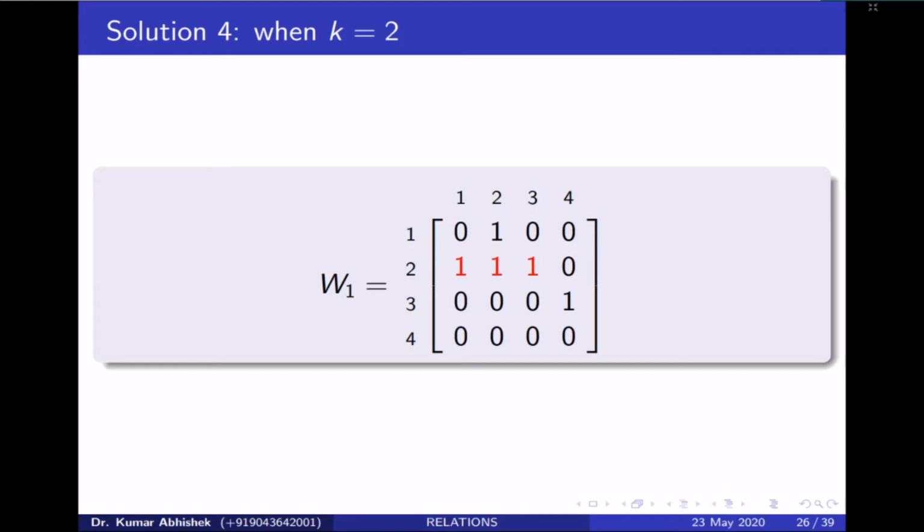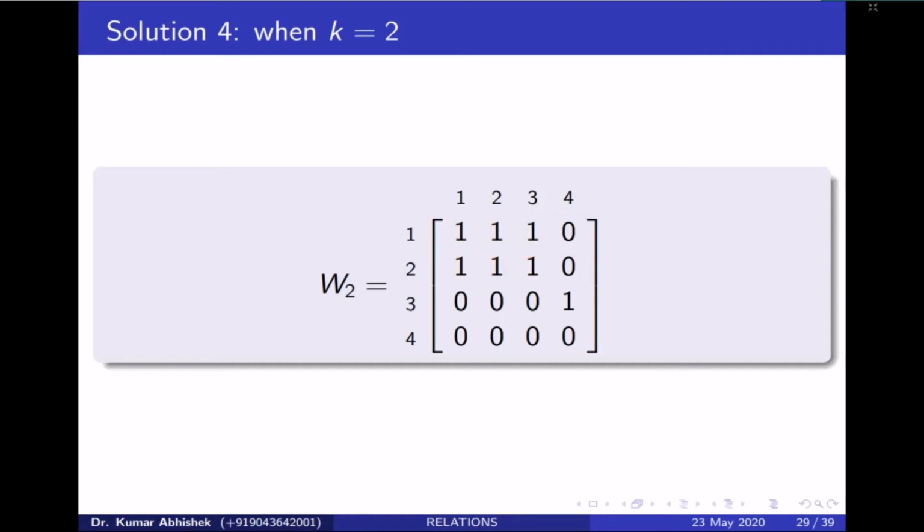So for the matrix W2 we expect the positions 1,1, 1,2, 1,3 and 2,1, 2,2 and 2,3 to be non-zero, but among all these 6 positions, the intersection of first row and first column, that is 1,1, is 0, so we replace that element with 1, and the other position, 1,3, is 0, so we replace that also with 1 to get the matrix W2.